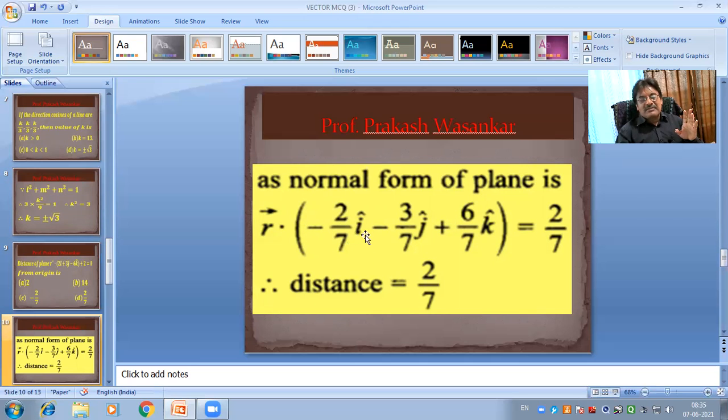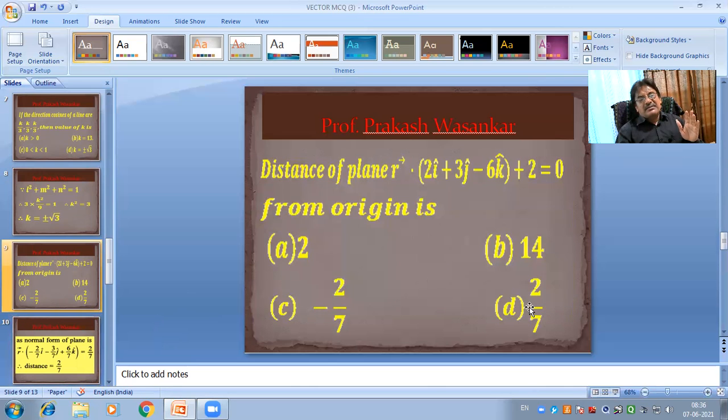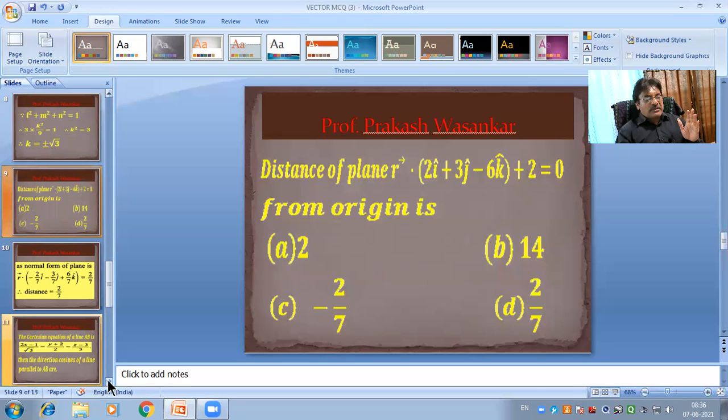So minus 2 by 7 i minus 3 by 7 j plus 6 by 7 k. For this we divide both sides by 7, so we write 7, 7, 7, and here 2 by 7. And this is the normal form of the plane. Therefore the distance is equal to 2 by 7. So here D is the correct option. Next problem.